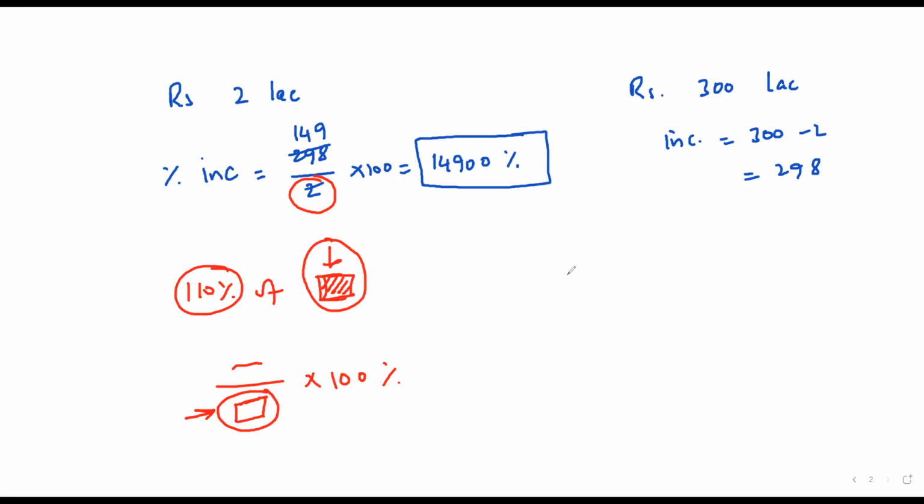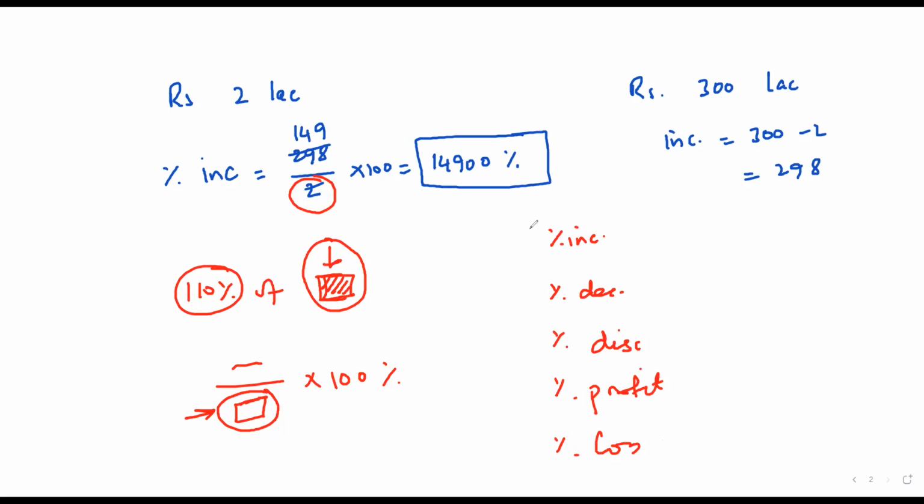If I generalize this formula, because there is the percent increase, the percent decrease, the percent discount, the percent profit, the percent loss. There are so many percentages that you have to find.